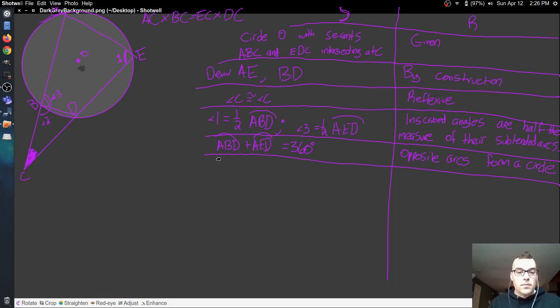In other words, 1/2 of arc ABD plus 1/2 of arc AED would have to equal 180 degrees. All I've done there is just a little bit of multiplication.